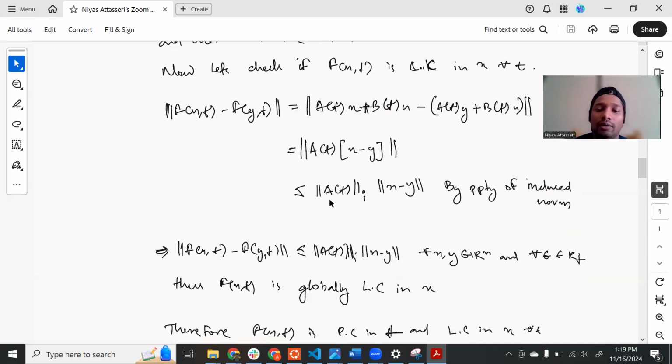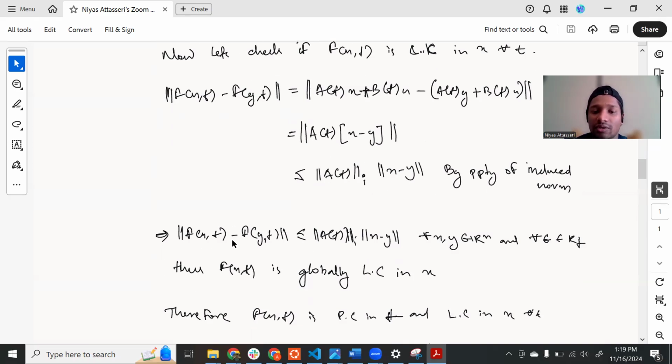So f of x comma t minus f of y comma t is less than or equal to the induced norm of A of t multiplied by the norm of x minus y. What we have here is the Lipschitz continuity expression, so this function is Lipschitz continuous.